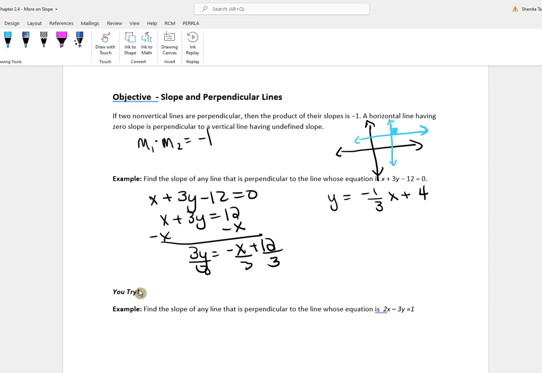So the slope of this line is negative 1/3. To figure out the slope of the perpendicular line, what you do is you take the reciprocal of the old slope and change the sign.